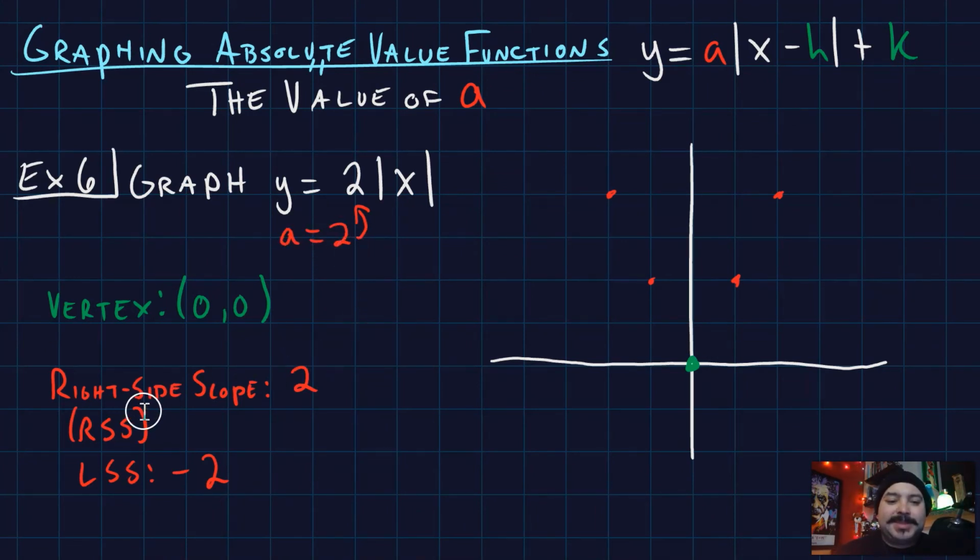So that means the slope of the right-hand side of our graph, starting with the vertex, is 2 over 1, meaning we go up 2 to the right 1, up 2, right 1. The left side slope is up 2 to the left 1, up 2 to the left 1, since the slope is -2. And drawing lines through our coordinates will give us our nice thinner V shape for this graph.